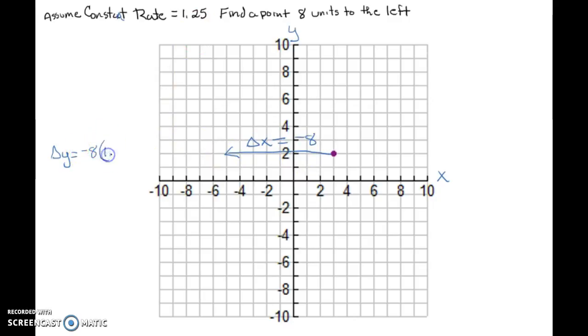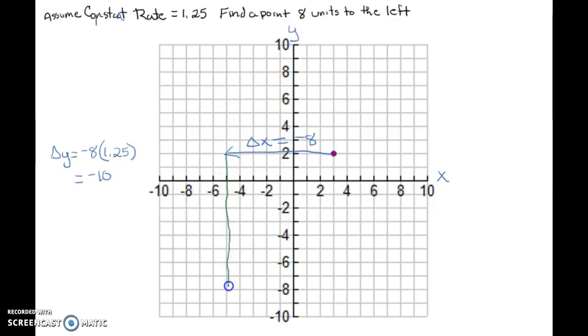And we're still doing it by an assumed constant rate of change of 1.25, which means we're going to end up with a change of negative 10 units. So now from this point, we know that we're going to go down, because it's negative, down 10 units from this spot.